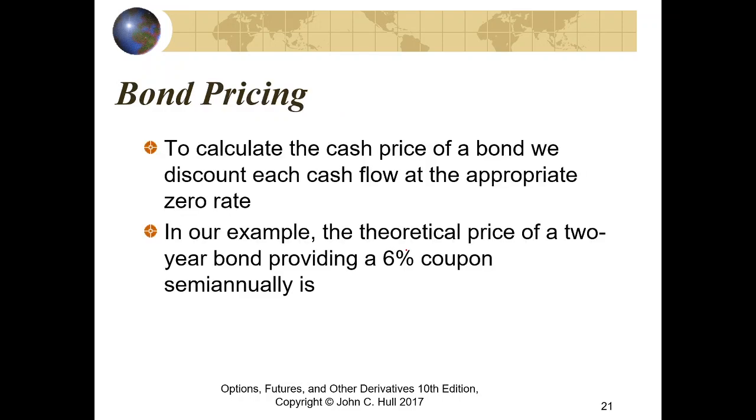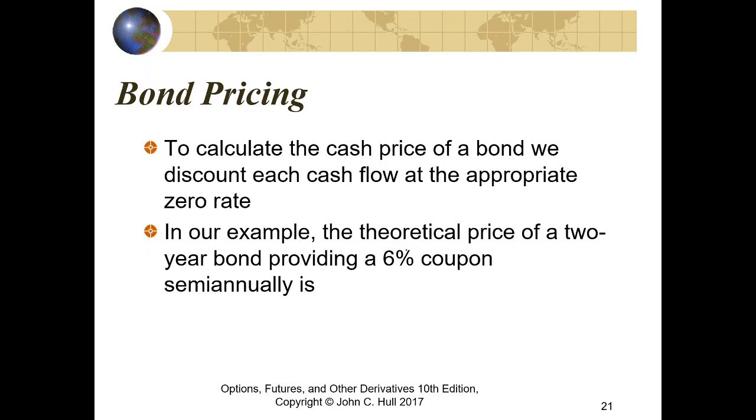Now let's assume I want to find the price of a bond that matures after 2 years and pays coupon payments every 6 months. In other words, it has a coupon rate that is equal to 6% payable semi-annually.